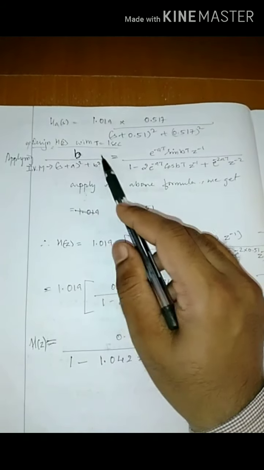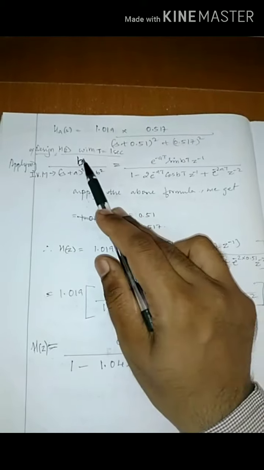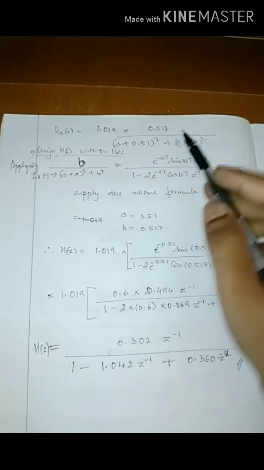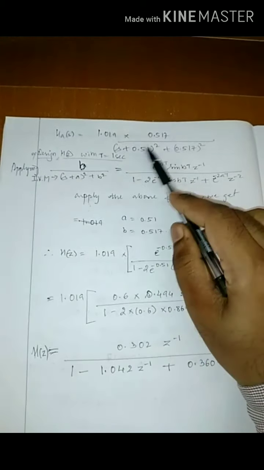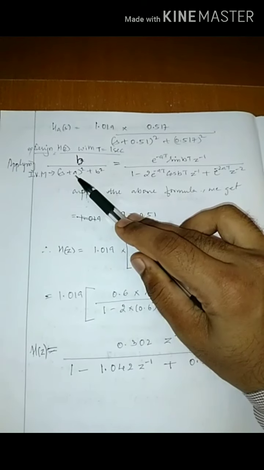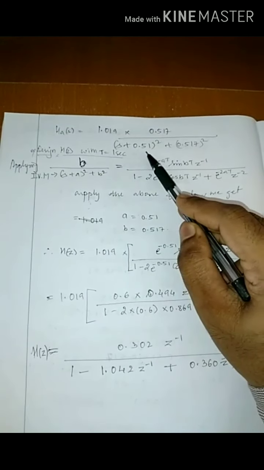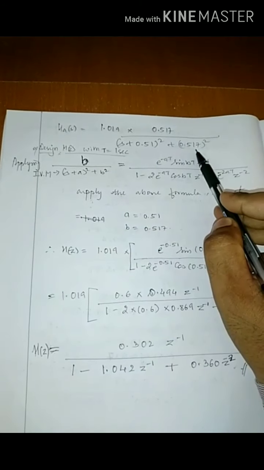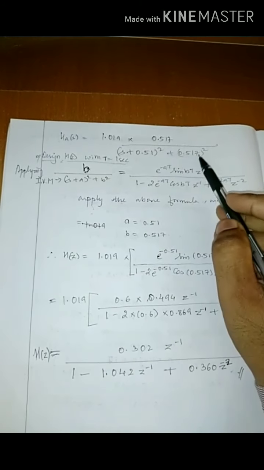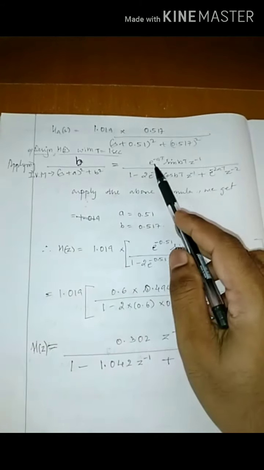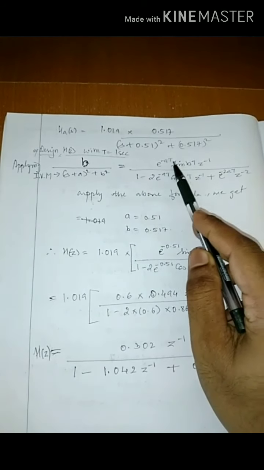So here you can see that the value of b for the numerator and the denominator should be the same. So this is what we have met with this expression. So here (s plus a) the whole square, the value of a is 0.51. The value of b is 0.517, which is there on the numerator as well as the denominator. So accordingly you have to substitute the value of a and b in this formula.